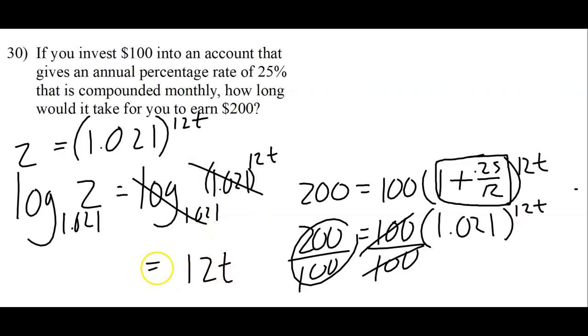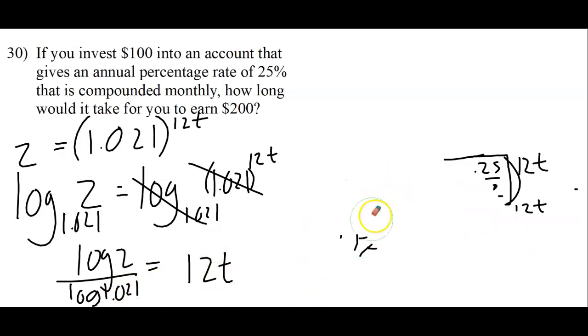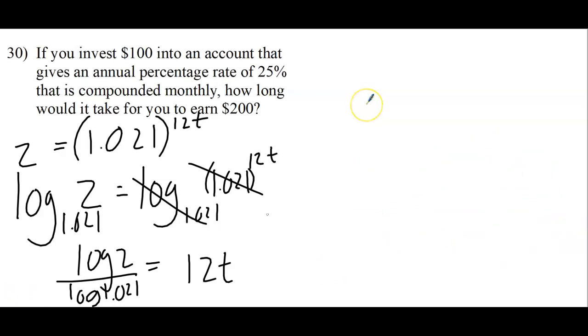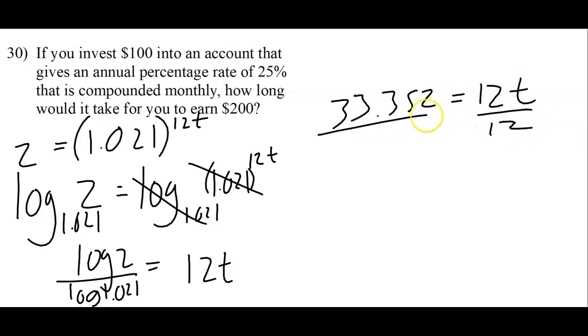And then on the left side, we're going to have to do change of base. We're going to do log of 2 divided by log of 1.021. So we'll turn to our calculator for that. See what we get. And that gives me 33.352 is equal to 12t. Finally, we'll divide.